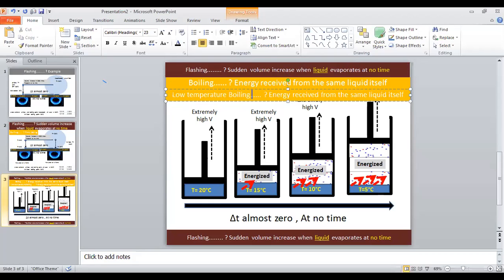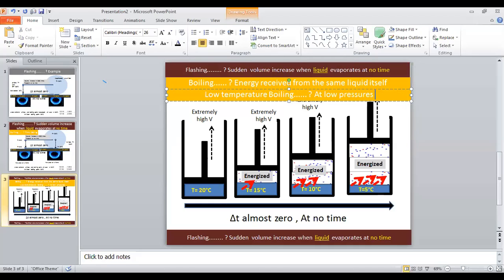Boiling. Energy is received from the liquid itself, here for this case. So, low temperature boiling. So I put here, instead of energy, low pressures.